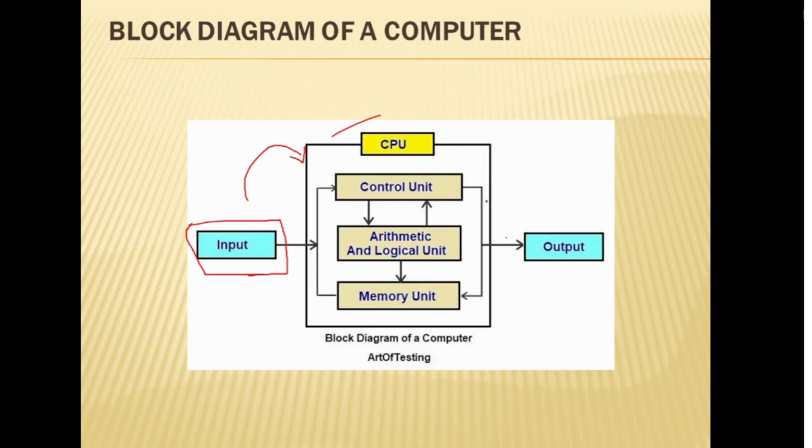Afterwards, it displays the output for the user on the monitor. That is the output. Inside the processor, inside the CPU, there will be three units: control unit, arithmetic and logic unit, and memory unit. So this is the basic block diagram of a computer.